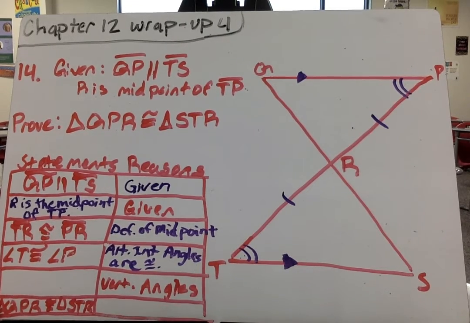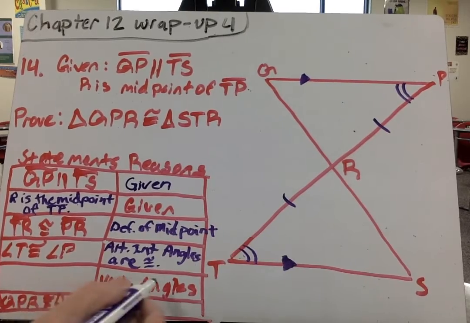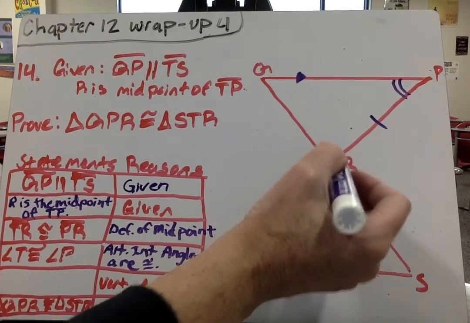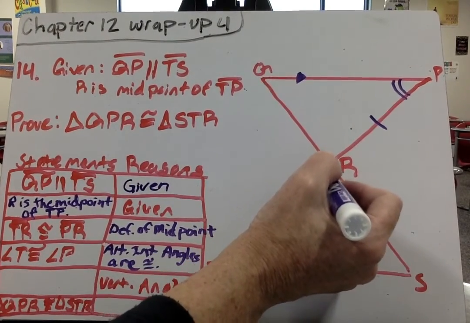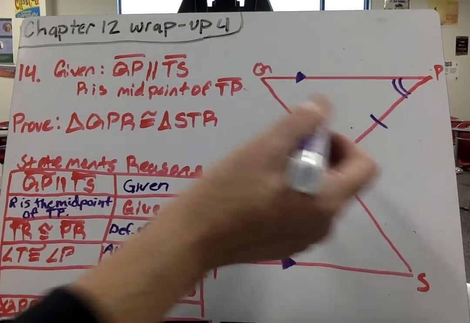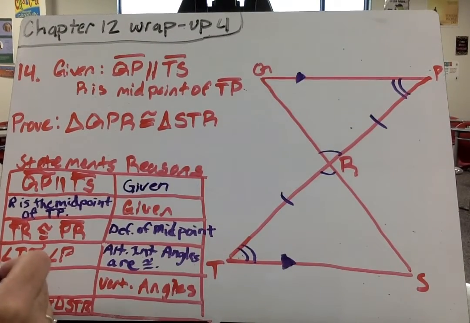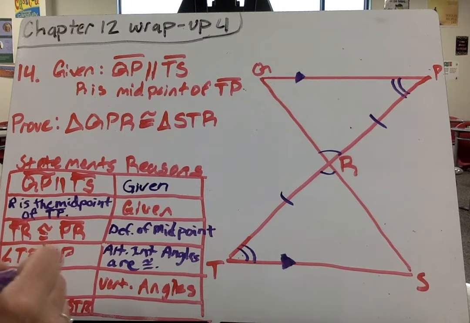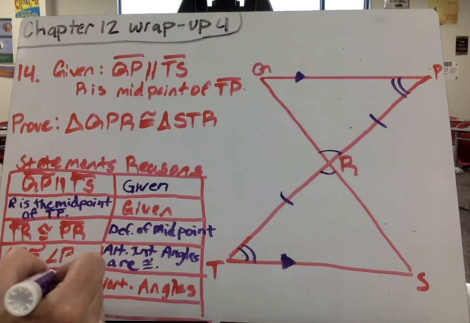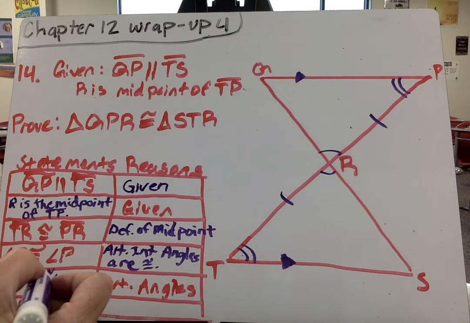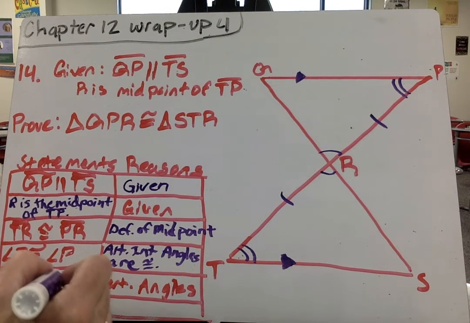Okay. Now here, our reason they're congruent is because they're vertical angles. So that would be this one and that one. So angle QRP is congruent to angle TRS.